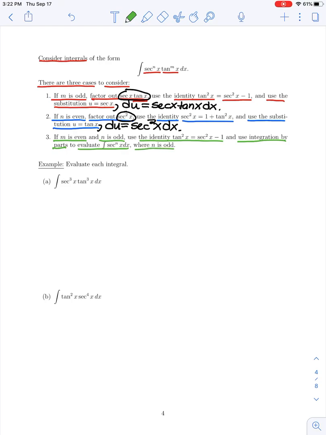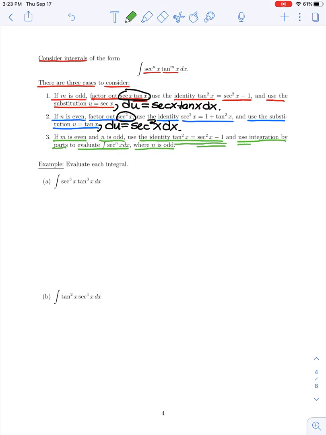So if we had even powers of tangent and odd powers of secant, I can use tangent squared x in terms of secant x to rewrite everything involving even powers of tangent in terms of secant terms. And if the power of secant was odd, when I multiply that by this secant squared x minus 1, I'm left with only odd powers of secant.